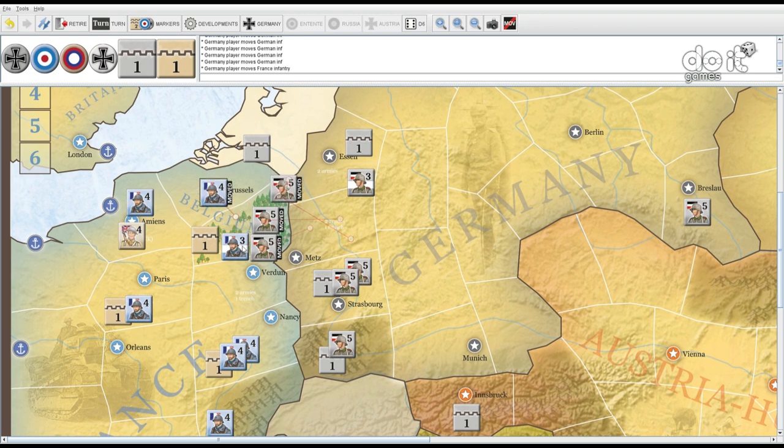Imagine that here there is only one defender, 2 are free, so both armies can support the attack. What is not possible is that this army attacks and this other army attacks, because one army can only be attacked once, remember, once per turn. But the others, if they are free, can support the main attack.